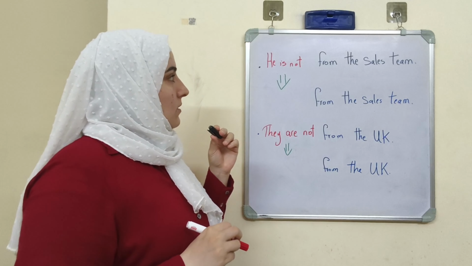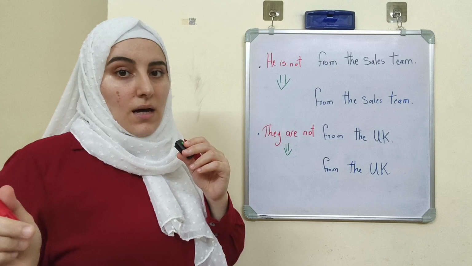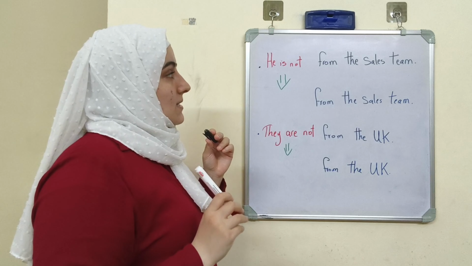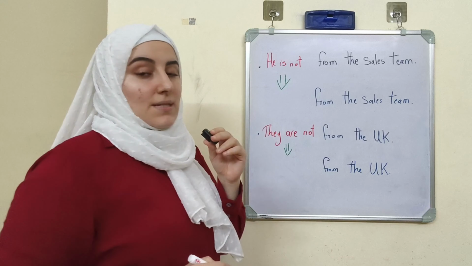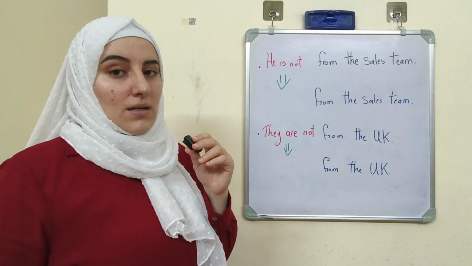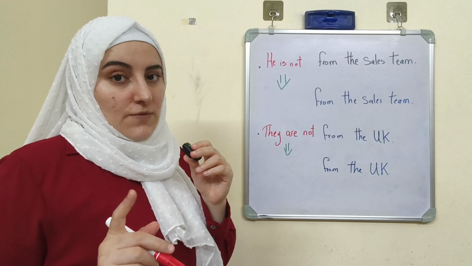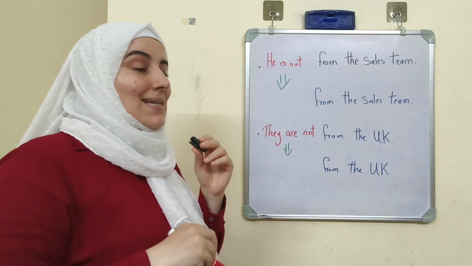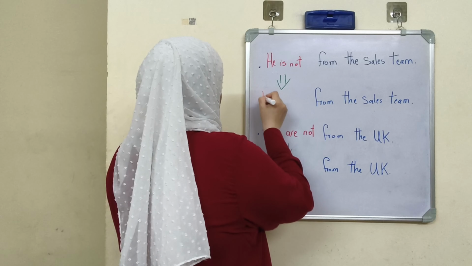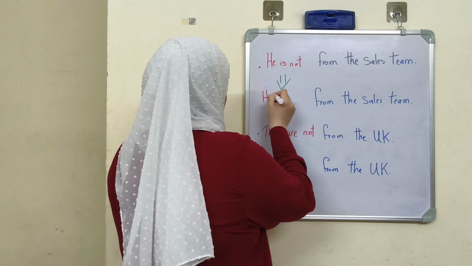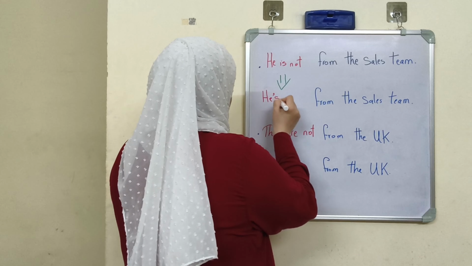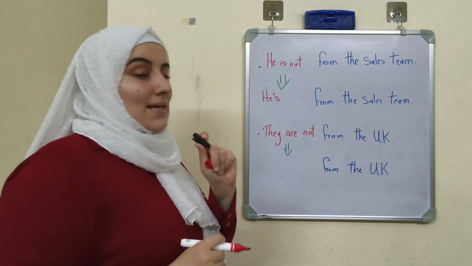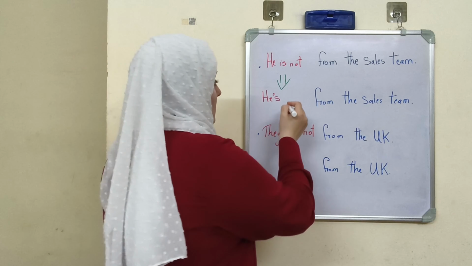Now the next example. He is not from the sales team. Change it, please. He is not. We have two ways of contracting these. Yes, very good. The first one, he's not. We contract he and is, so it becomes he's not.